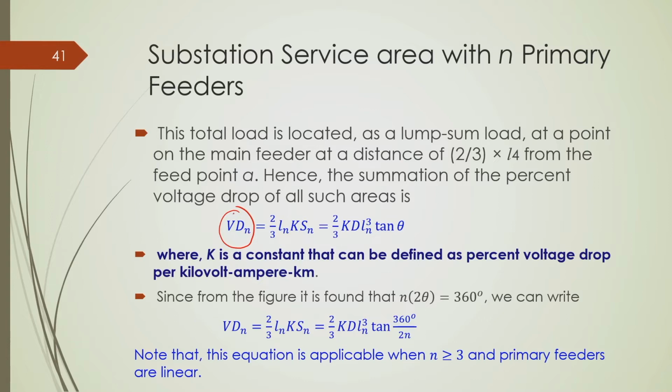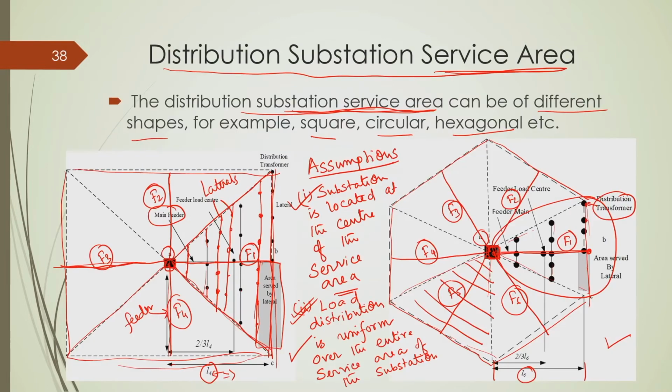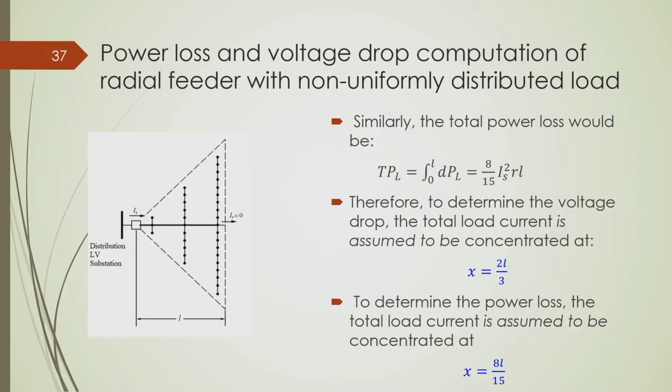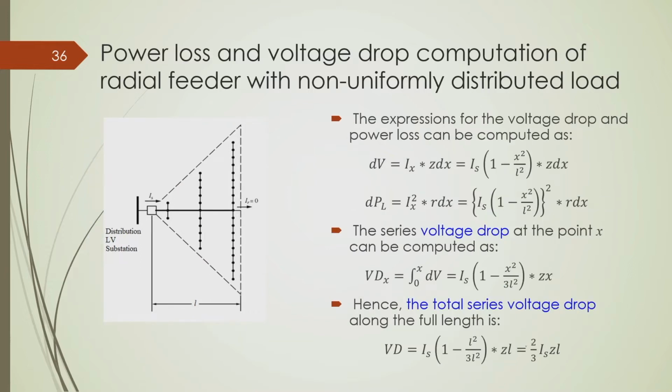As you can see in my previous lecture, this voltage drop expression typically depends upon some parameters. One is I, one is z, another is L. The small z is the impedance of the feeder per unit length, and it is normally fixed for a particular type of feeder configuration.